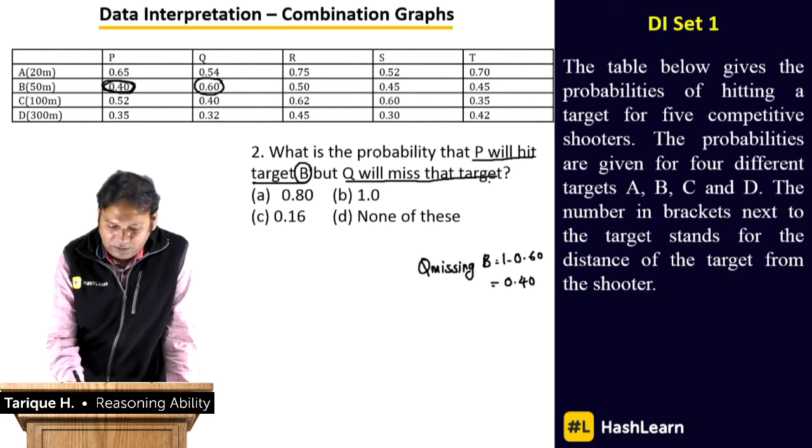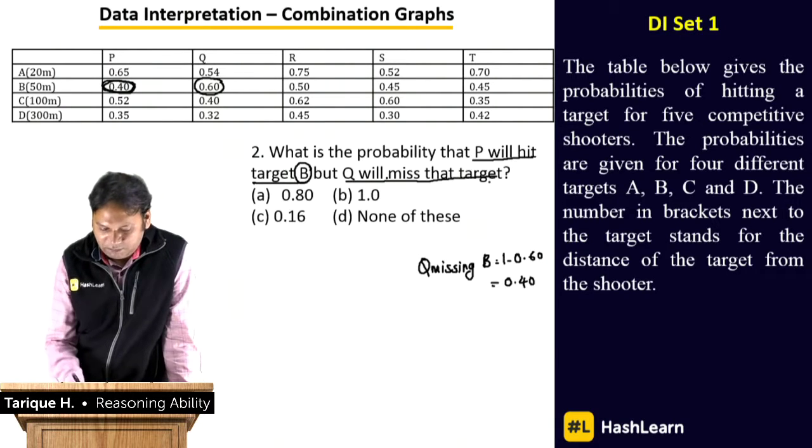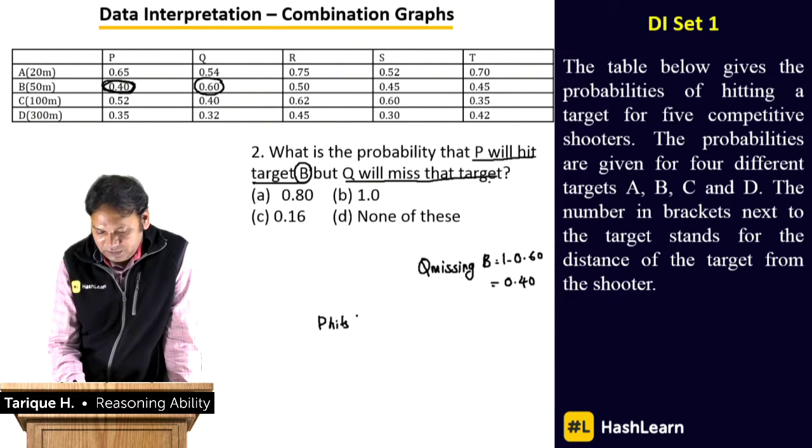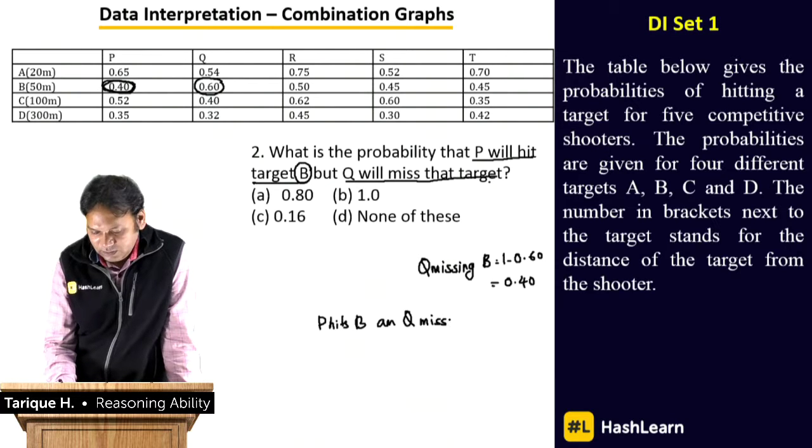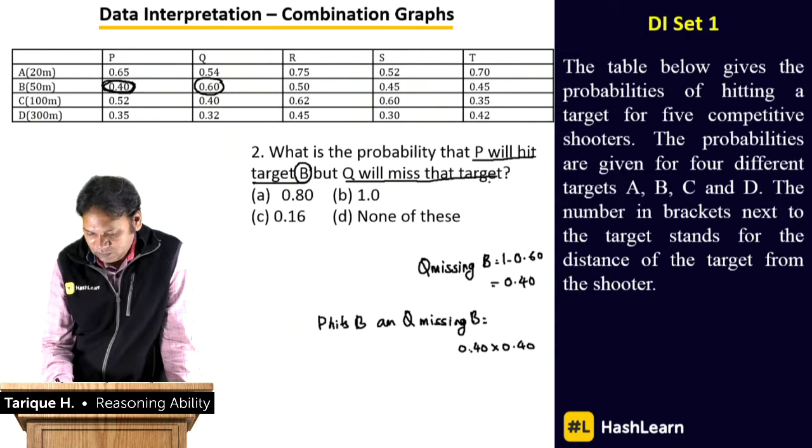What is the probability that P will hit the target B but Q will miss the target? P hits B and Q misses B. That is equal to 0.40 into 0.40, and that's equal to 0.16.